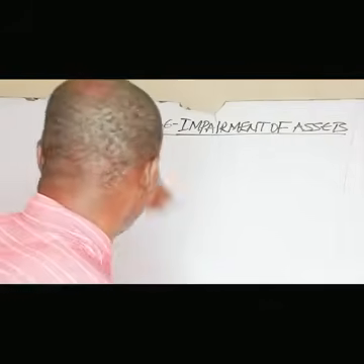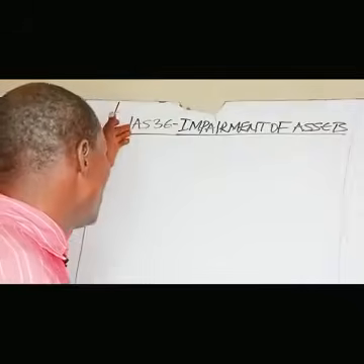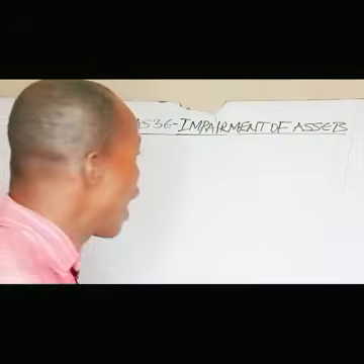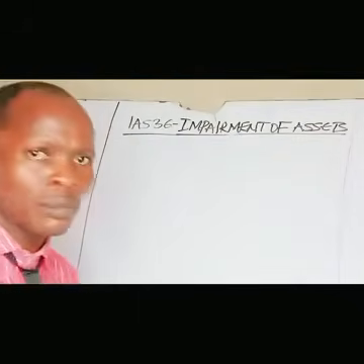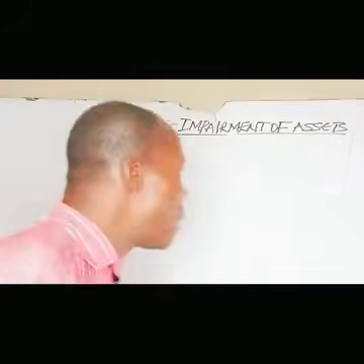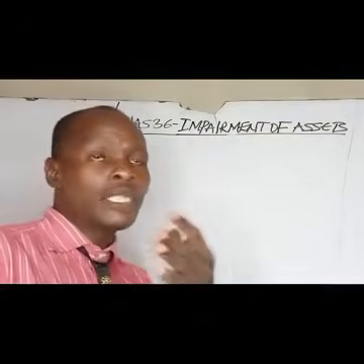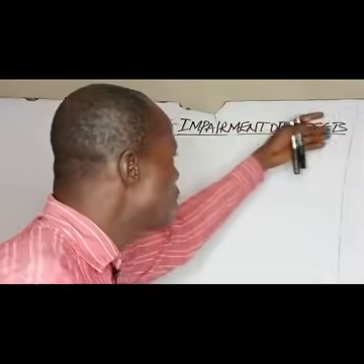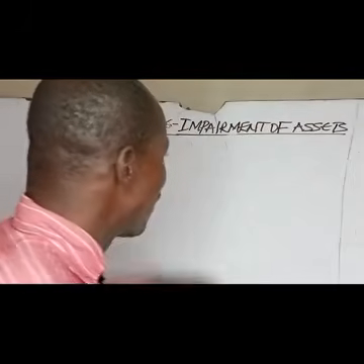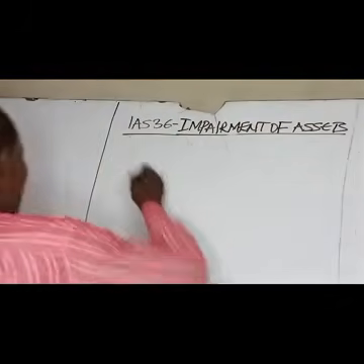So, in part 1, I've examined the meaning of impairment. I've told you that impairment loss is the amount by which the carrying amount of an asset exceeds its recoverable amount. I've explained all these concepts.